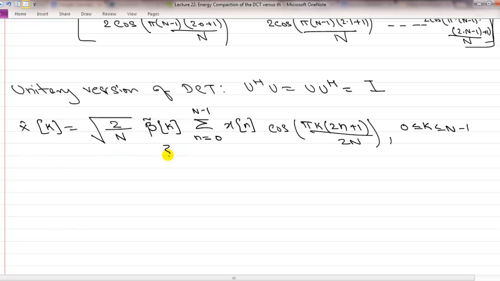Where this thing is actually a function of which row you are dealing with. So this beta tilde k is equal to 1 over square root of 2 for k equal to 0, and 1 otherwise.